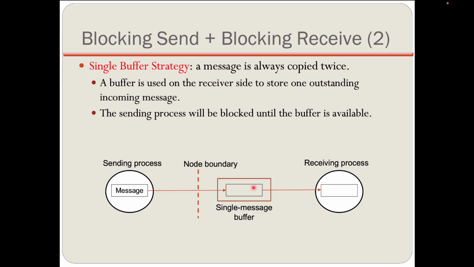That violates the definition of non-blocking. So you always need to have a buffer to support non-blocking receive. In general, a finite number of buffers can be used on the receiver side to support non-blocking receive.